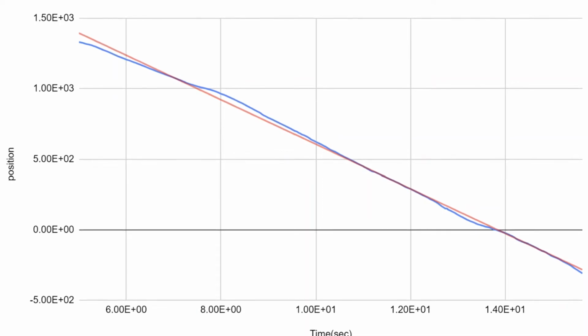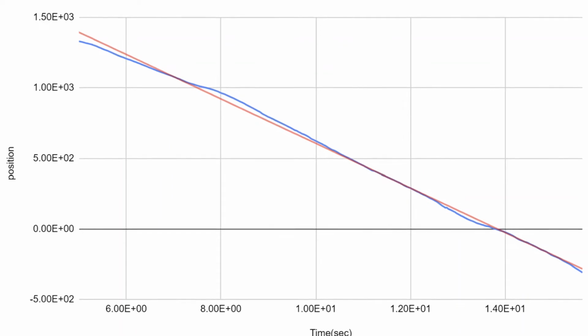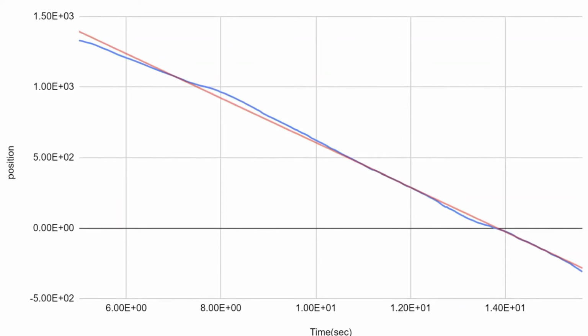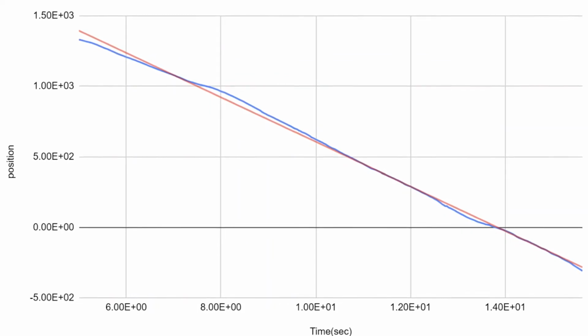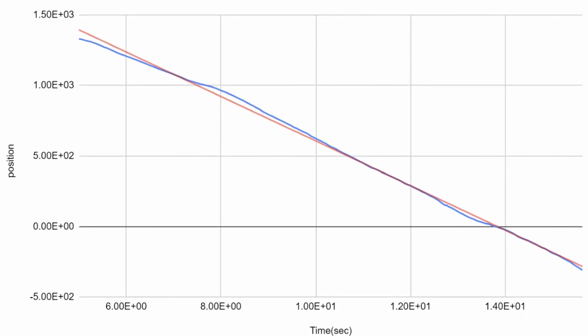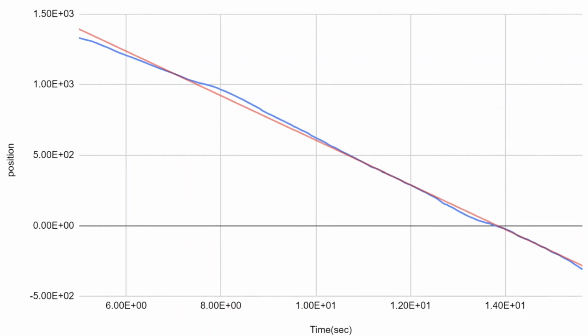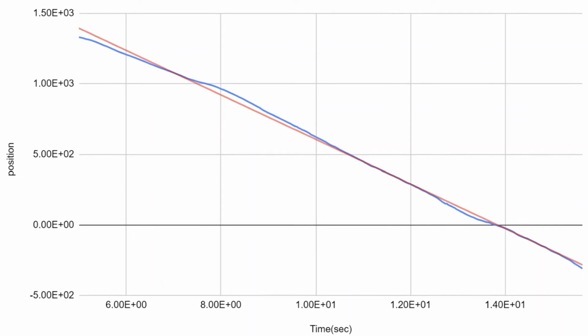Now, we can see the blue line is not straight and differs a little bit from the red line in some areas. This is because the velocity was not completely constant in the real experiment, as I've stated before, due to the inconsistencies of me pushing and the friction force not always equal. This caused me to accelerate in some periods of time and decelerate during some periods of time.